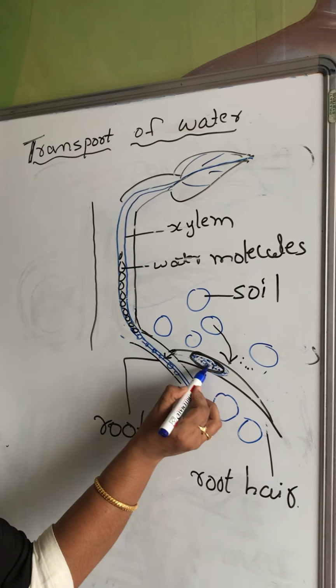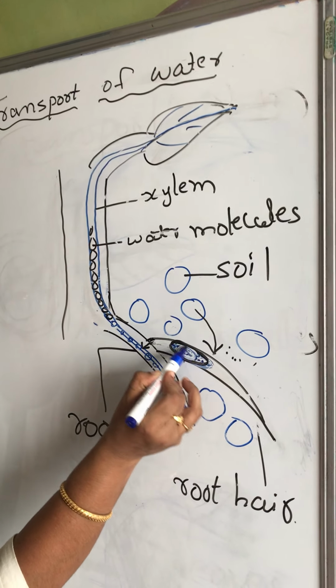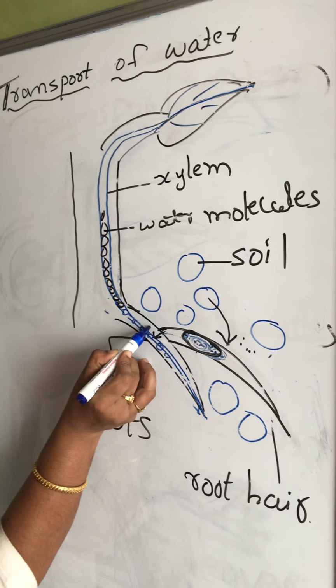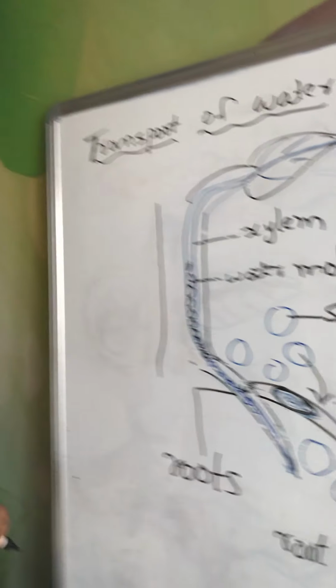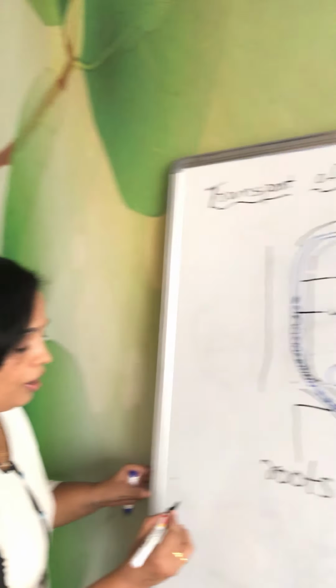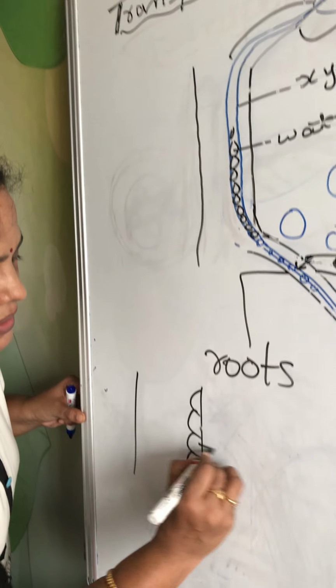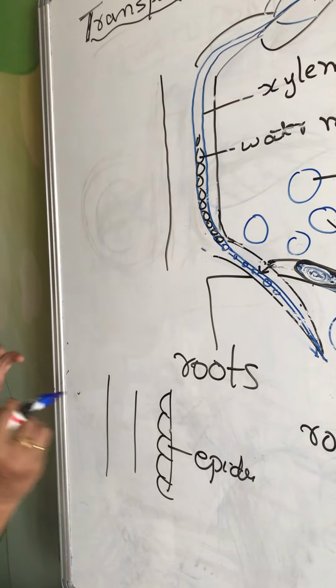Now once the water molecule reaches inside the root hair, the vacuole, it will pass from this to the next, into the root. Now you know that the root or any part of the plant body is made up of outer cells called the epidermis, and in between you have the cortex.